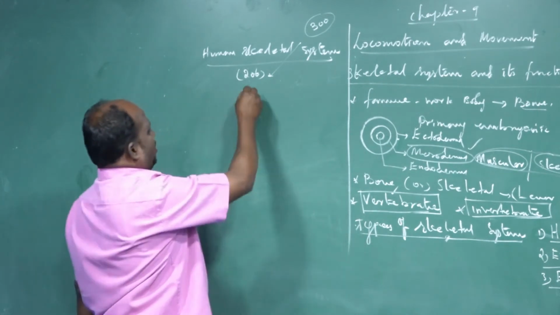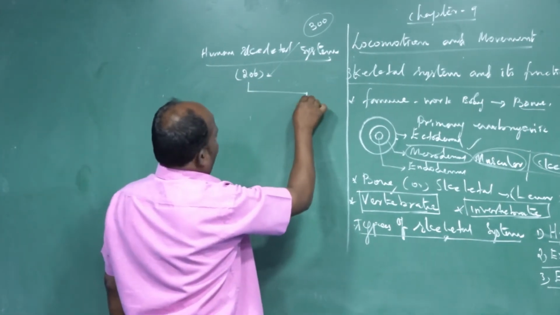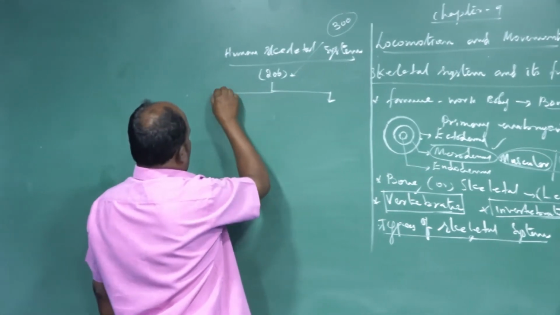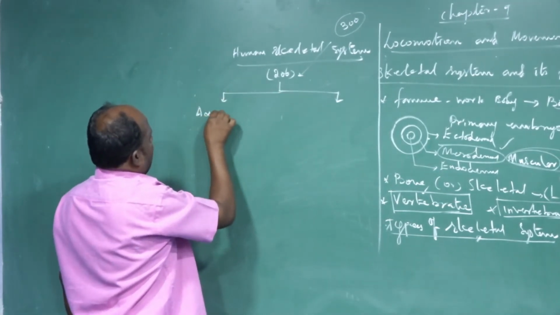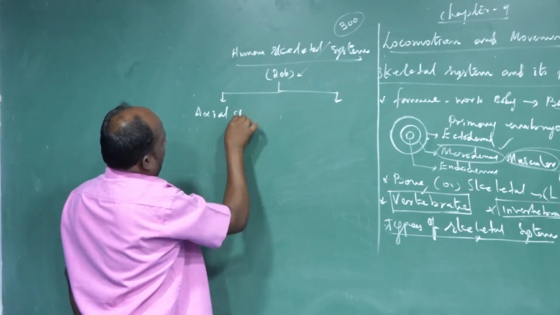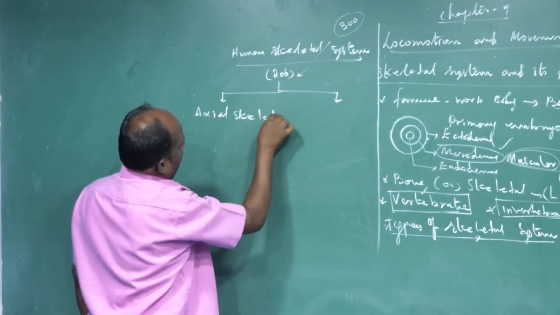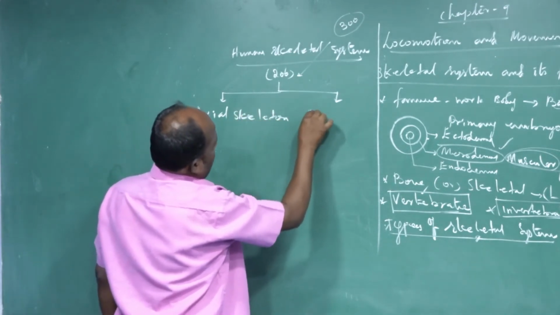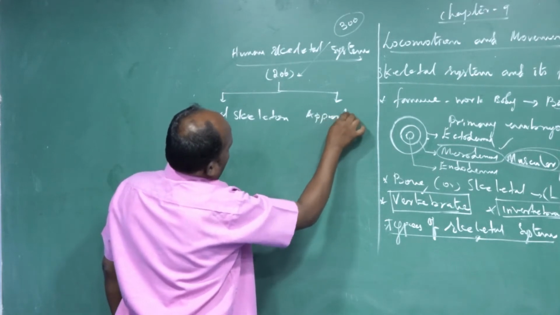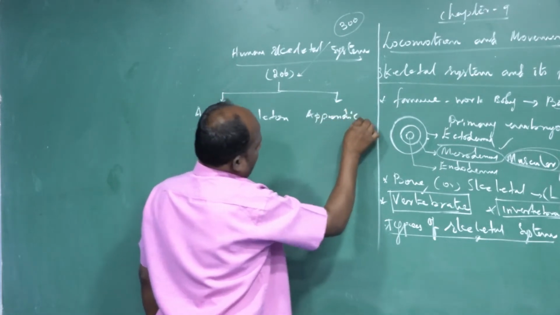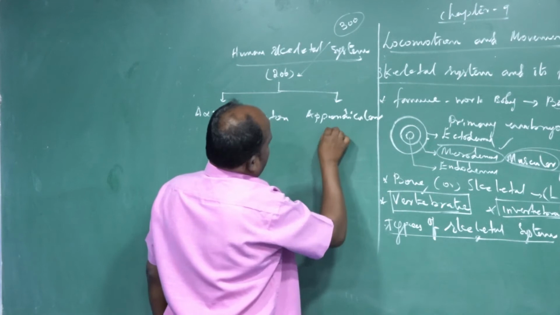The 206 bones we are going to classify into two categories. I told you, one is the axial skeleton and the second one is the appendicular skeleton.